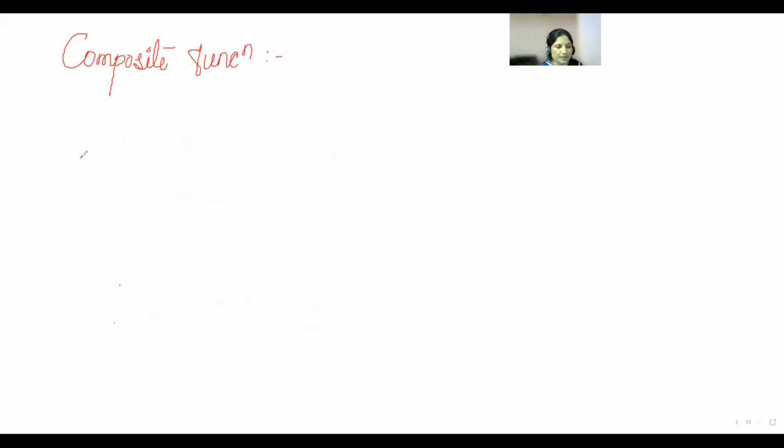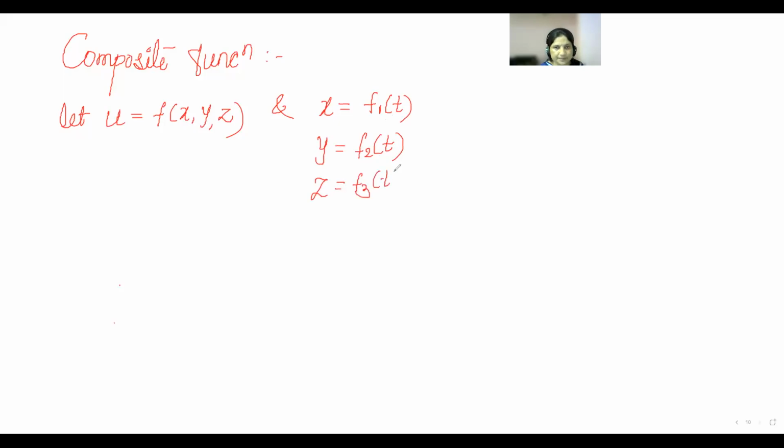Now here we will take again. Let u is equal to f of x, y, z and x is equal to f1 of t, y is equal to f2 of t, and z is equal to f3 of t. Then by using total derivative, du by dt is equal to total derivative.